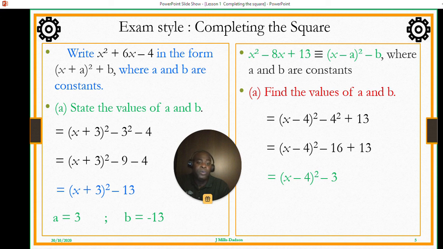X minus 4 all squared minus 3 is completing the square. So to state the values of A and B, you can see that A is simply 4 and B is simply 3. This time it's not negative 3 because in the requirement it says minus B. So our B is 3 and A is 4.